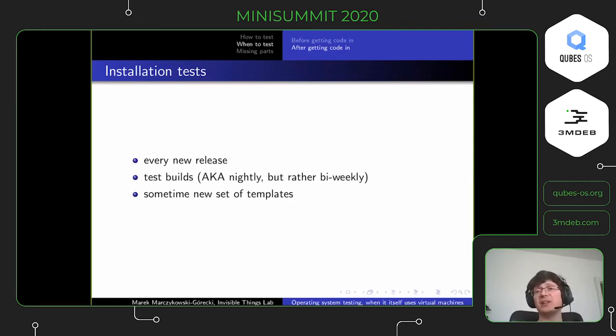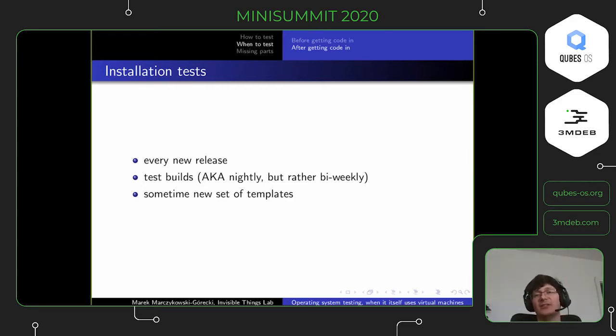And the result of those builds, if the installer tests say it's okay, then the resulting disk image of that specific test is saved to use later as a base for testing updates. We also use a similar approach for testing new templates.